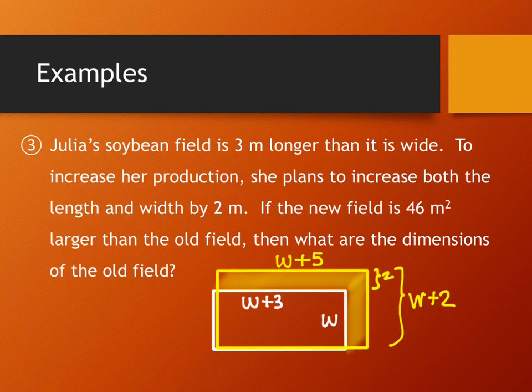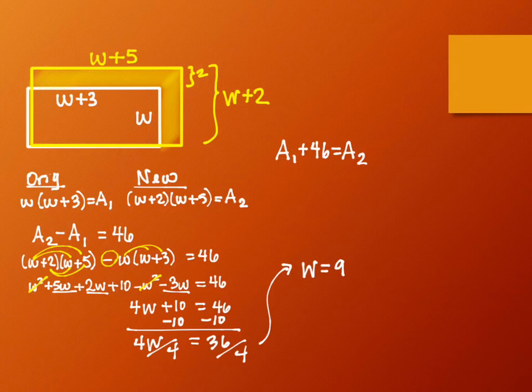And the old field's the white one in the middle, the ones I've labeled in white. The dimensions are W and W plus 3. Well, W is 9. So what's W plus 3? Add 3 is 12, right? So W is 9, which makes W plus 3 12.